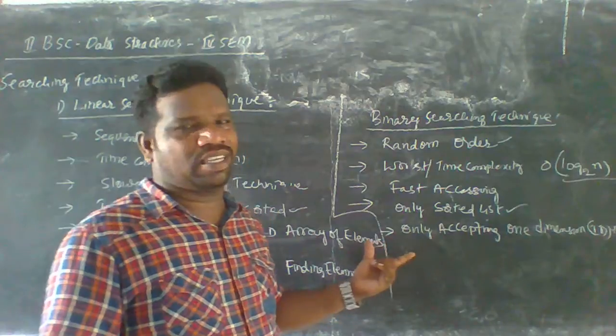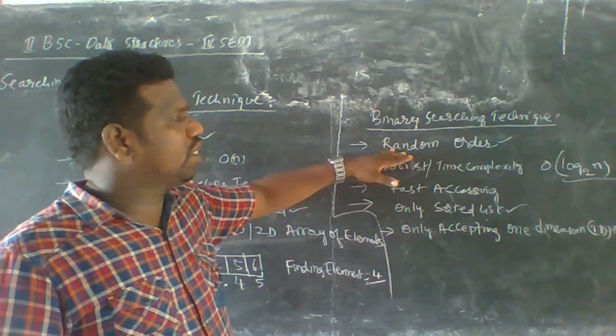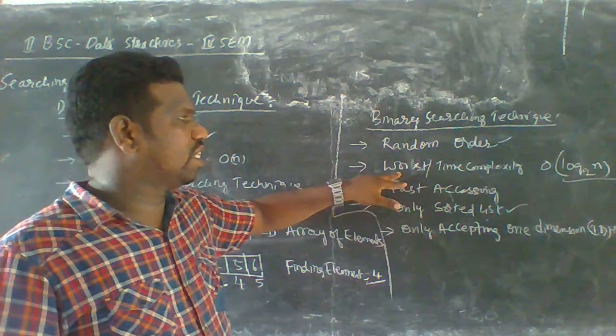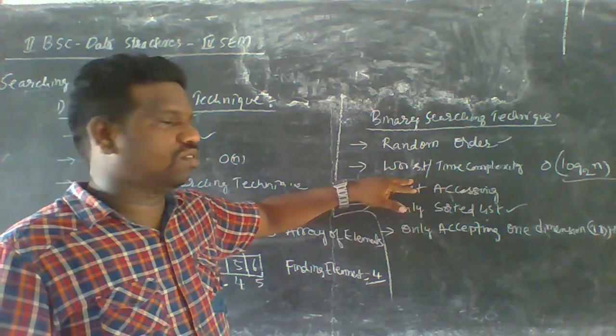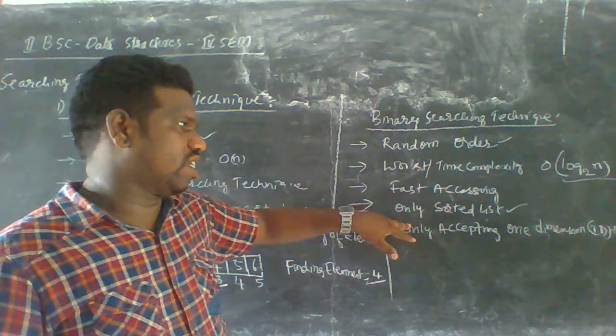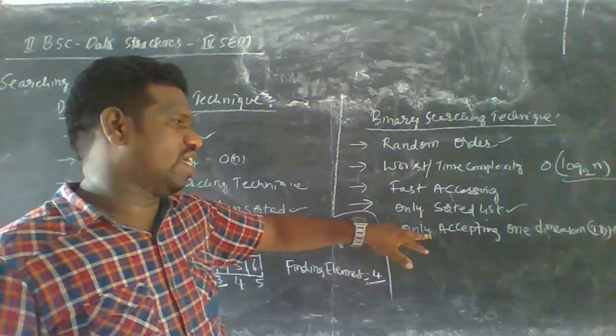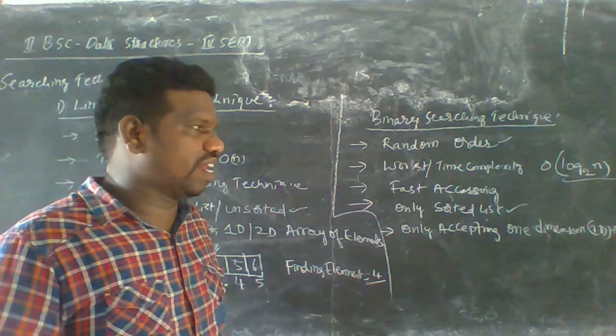So this is random order, the worst case time complexity is also here, and fast accessing, only a sorted list, and only one dimensional arrays.